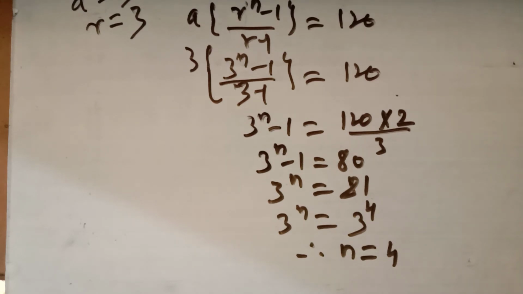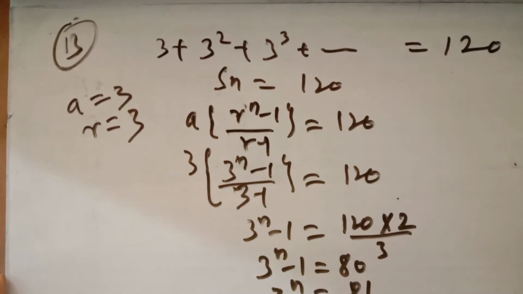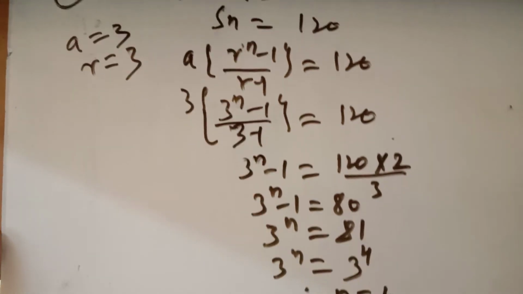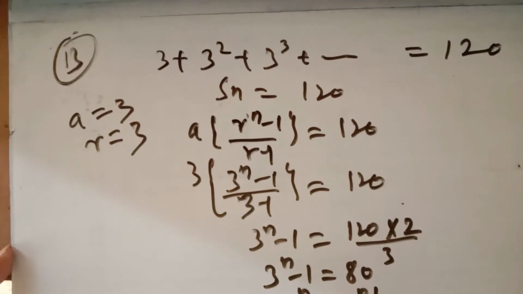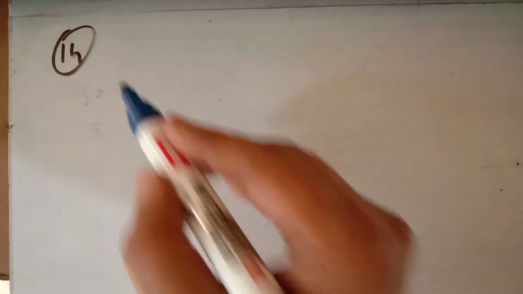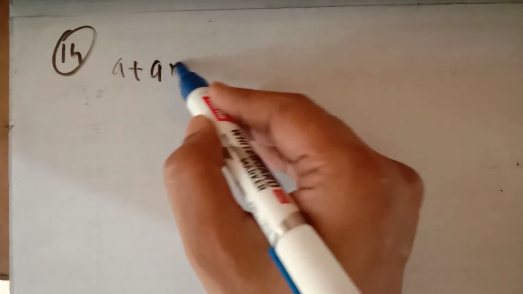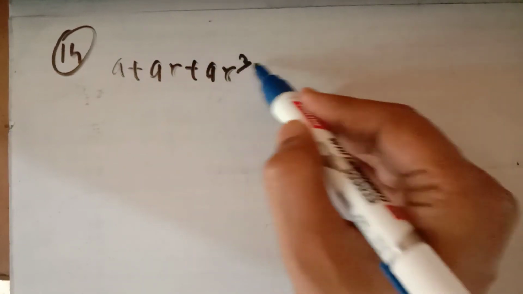Now read the question number 14 carefully. What is given in question number 14? It is given that the sum of first 3 terms of a GP is 16.